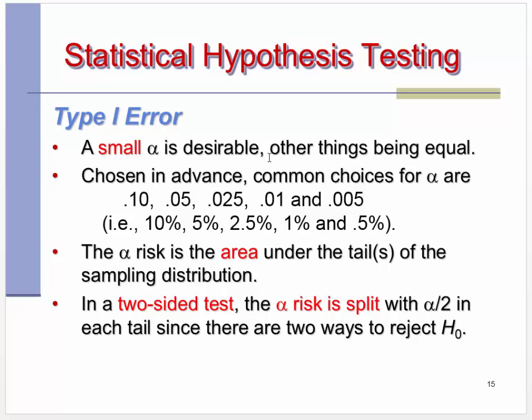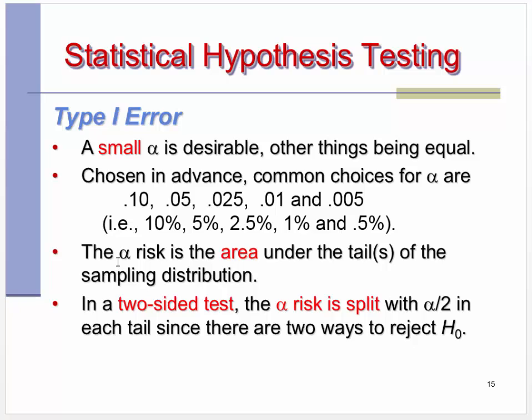The level alpha is something that we can choose on our own. If chosen in advance, common choices for alpha are 0.1, that's 10%, 0.05, that's 5%, 0.025, that's 2.5%, 0.01, that's 1%, and 0.005, that's 0.5%.